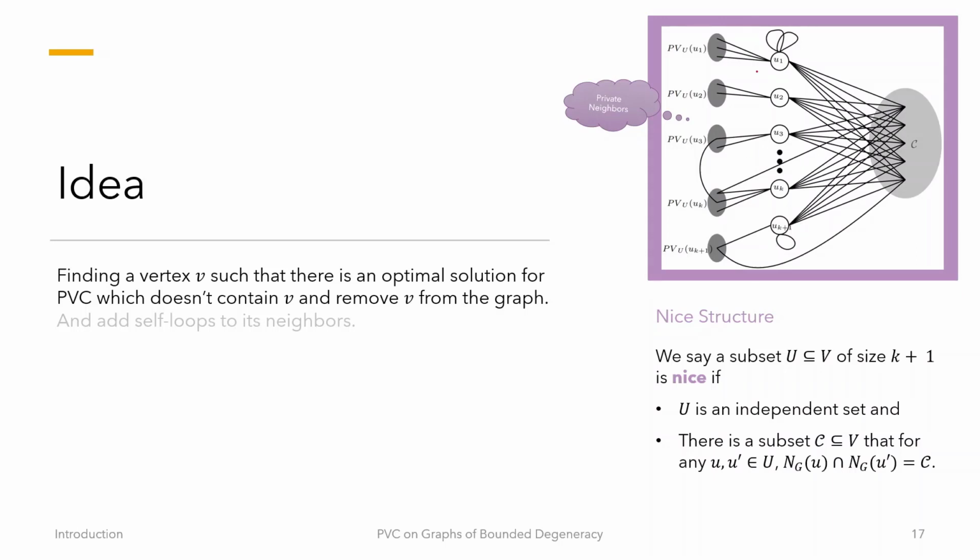So this is how a nice structure looks. This is the subset of K plus 1 vertices, and for any two of them, the intersection of neighbors is exactly C, and they also have some private neighbors. And there is no edge between them, so it's an independent set. And why is a nice structure good for us? Because we can easily remove the vertex with the minimum number of incident edges, basically N_G plus L_G.